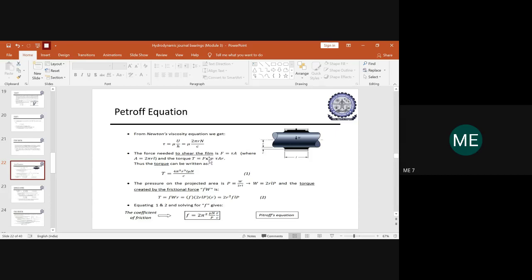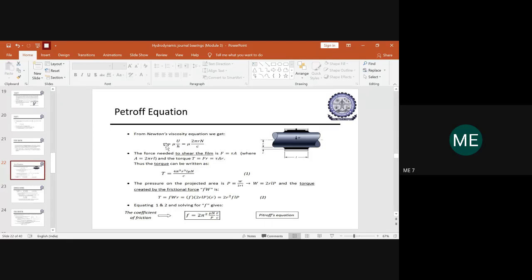But force here is equal to shear stress into area, so instead of force you will replace it by tau into A, and you have R. Now the torque will be equal to shear stress into the area into the radius of the shaft. Once you have derived this, you have to substitute the value for A and get the required torque value, right? Then you substitute the value for tau.